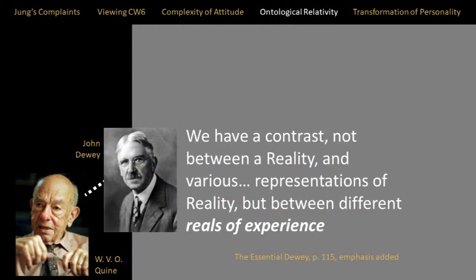Quine and Jung got their ideas from a common source. Quine was influenced most directly by John Dewey, who said we don't have different experiences or perceptions of a single reality, but reality is pluralistic, and we each have our own slightly different realities that are nevertheless closely linked or related. That is, we don't have different experiences of the real, we each have different reals of experience.